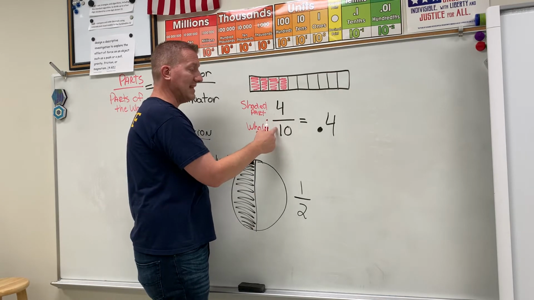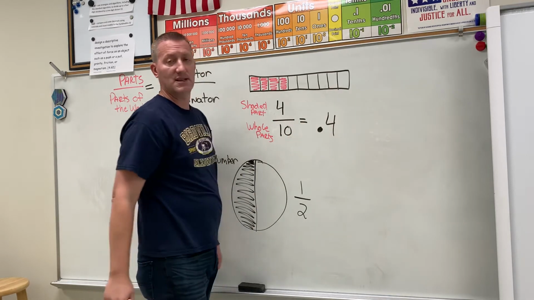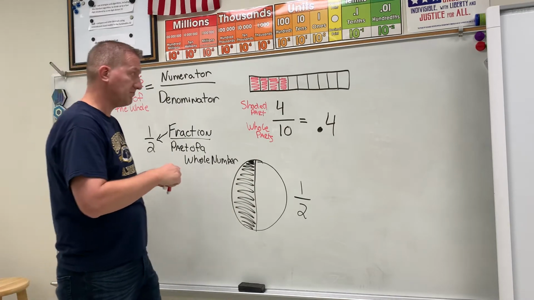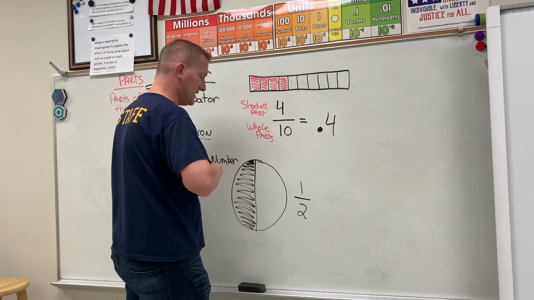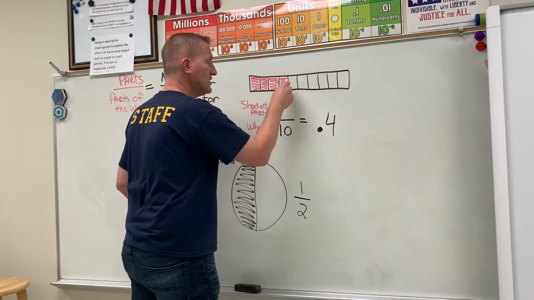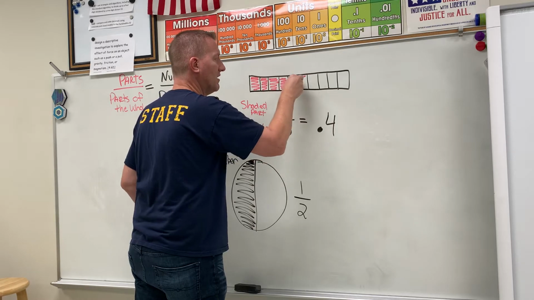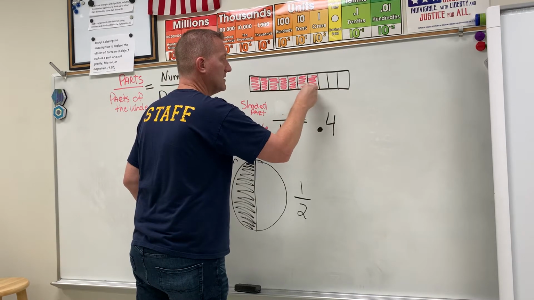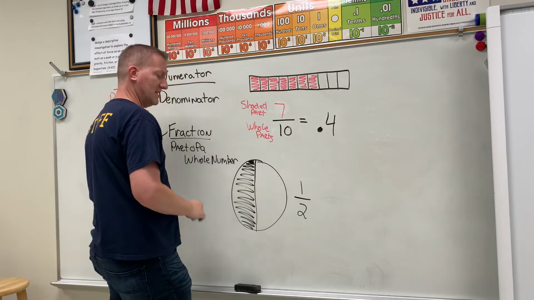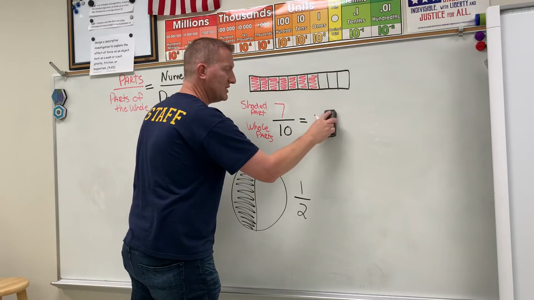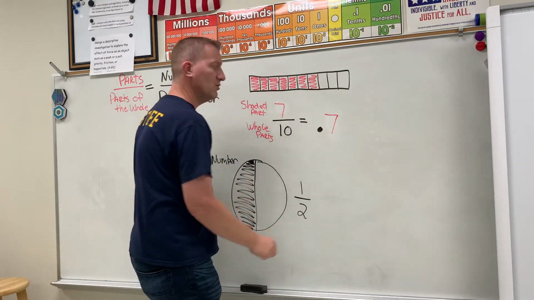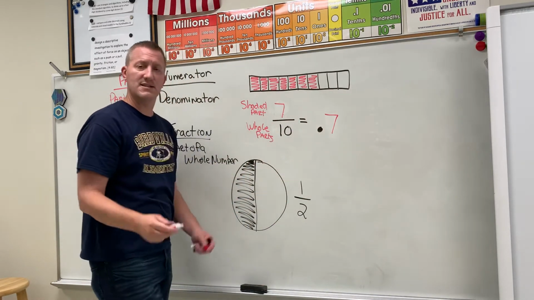If I change this and the parts shaded now are 7, so now it's 7/10, well, that changes this to 7/10.